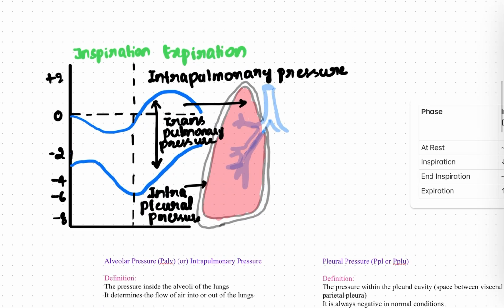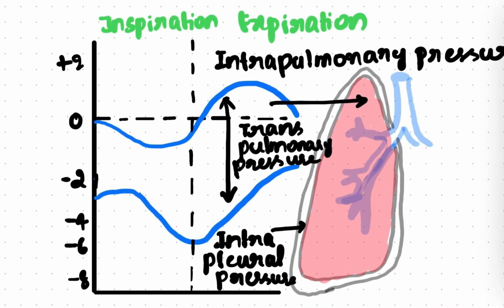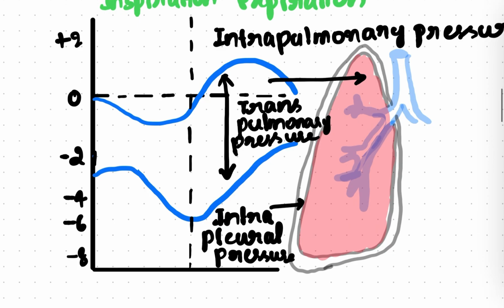Here this graph is depicting all these pressures: intrapulmonary or alveolar pressure, transpulmonary pressure, and intrapleural pressure. Here we can see in this graph the intrapulmonary or alveolar pressure is 0 at rest, becomes negative during inspiration and becomes positive, that is an upward peak, in expiration.